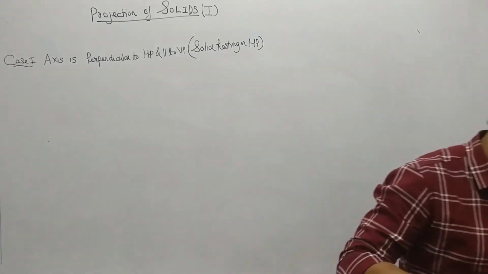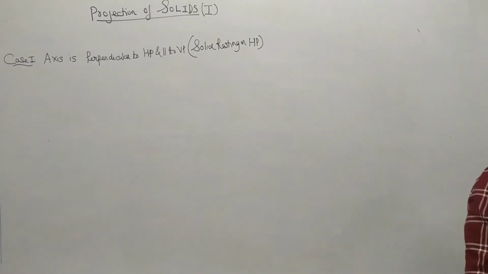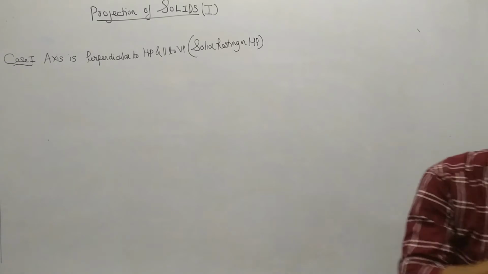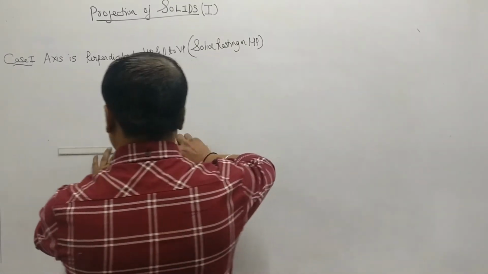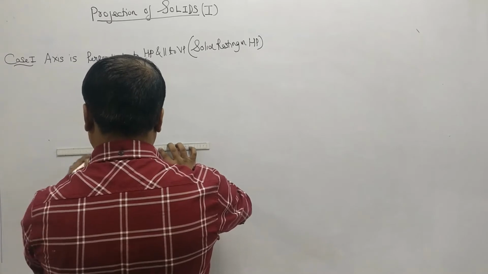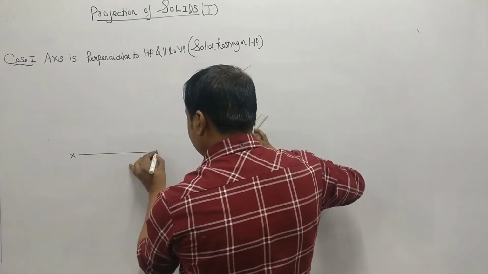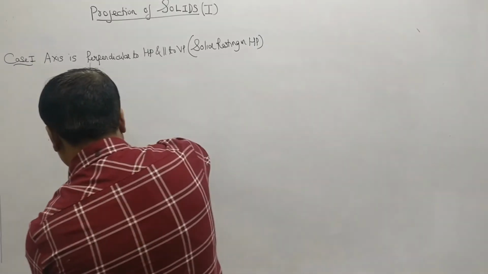So I am going to draw the projection of this prism. How the projection is going to be obtained for this prism. So this is my reference line XY. The top view will be a pentagon.